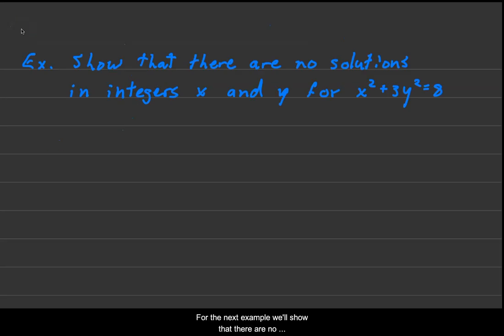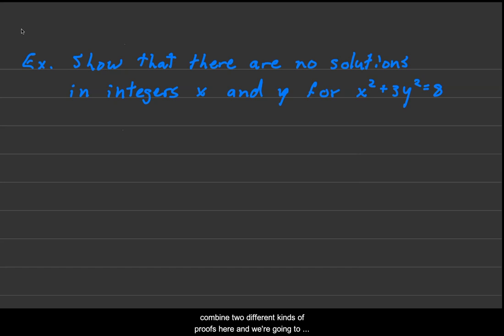For the next example, we'll show that there are no solutions in integer values for x and y for x squared plus 3y squared equals 8. Here we have the ability to combine two different kinds of proofs.